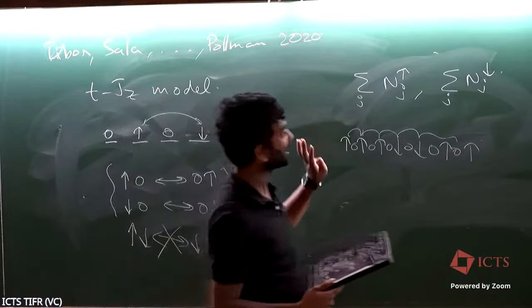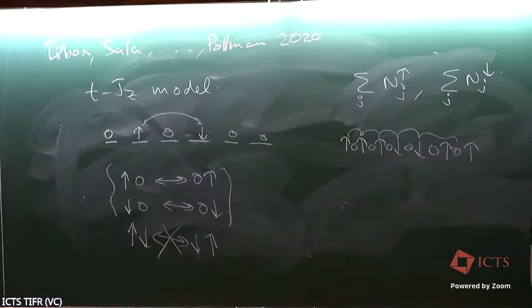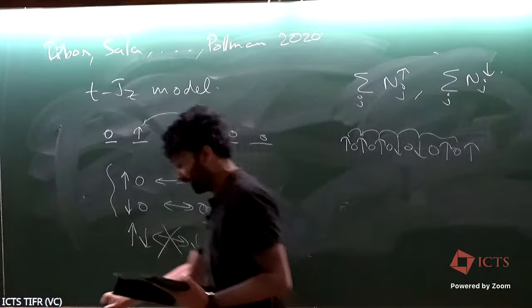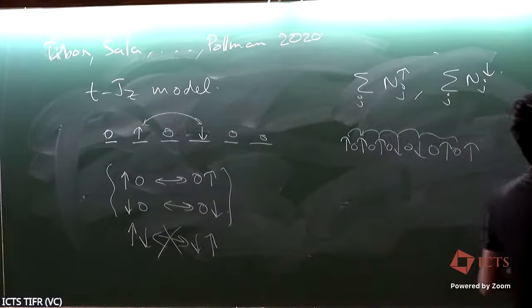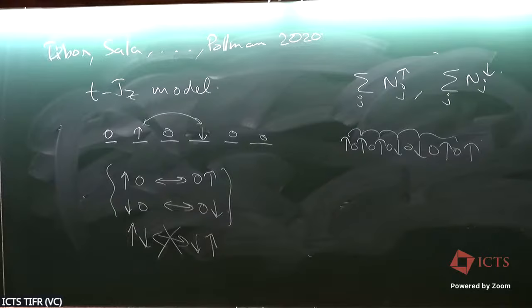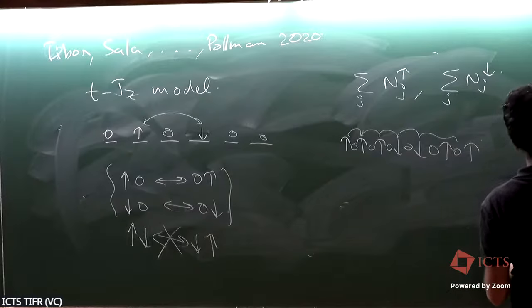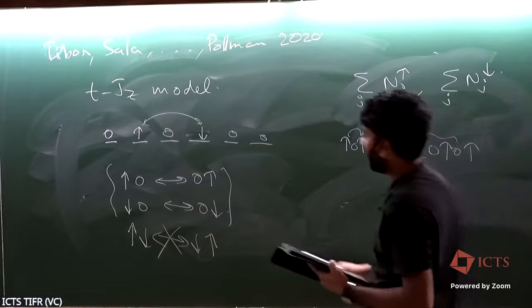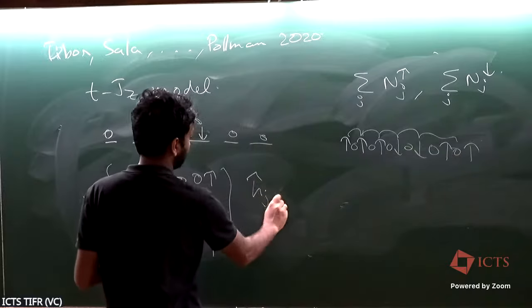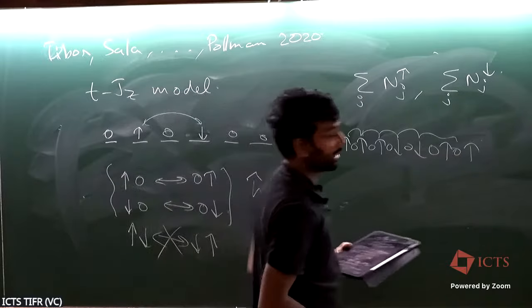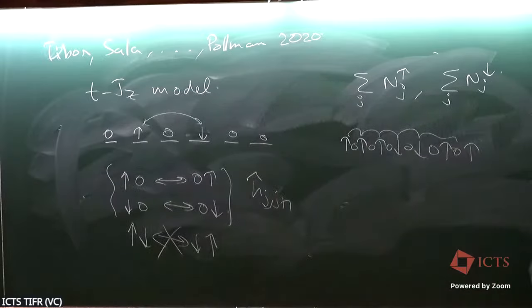But my claim is that if you go through this procedure blindly, you will discover such laws. And in fact, it's not very hard to do. So you find that locally, if I just write these terms, let me just say there are some hopping terms corresponding to these rules.